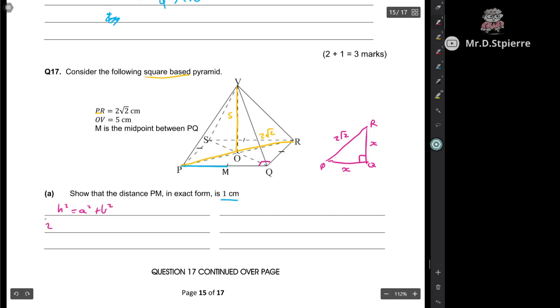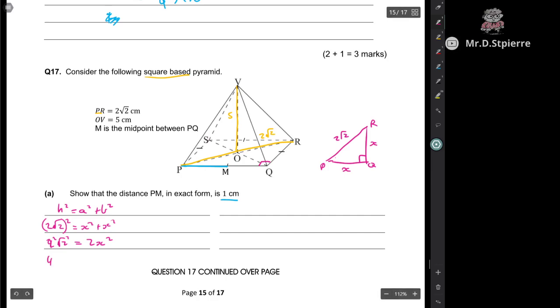So I get 2 root 2 all squared is equal to X squared plus X squared, which is equal to 2x squared, because I have 2 of them.